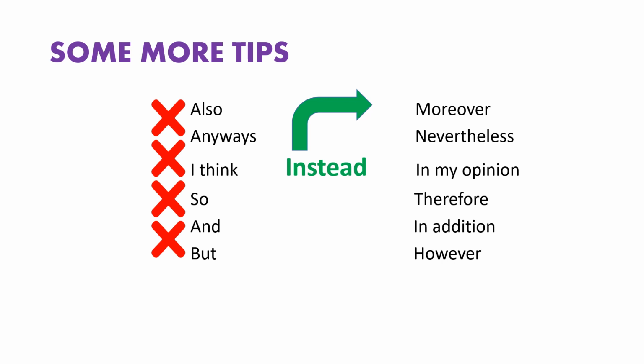Then there is I think; when you are writing argumentative essays, you can write in my opinion. Similarly, instead of so, you can go for therefore, right? And instead of and, you can use another transition phrase, in addition. And instead of but, if you are going to talk about another idea in the same paragraph or essay, you can go for the word however, right?